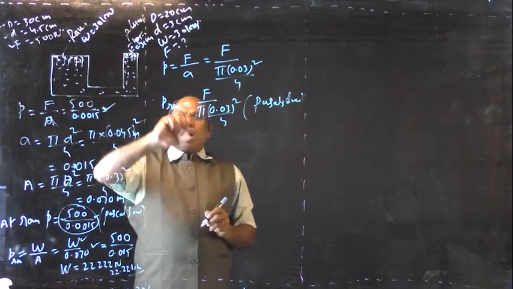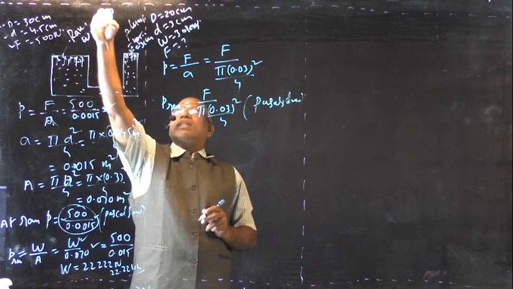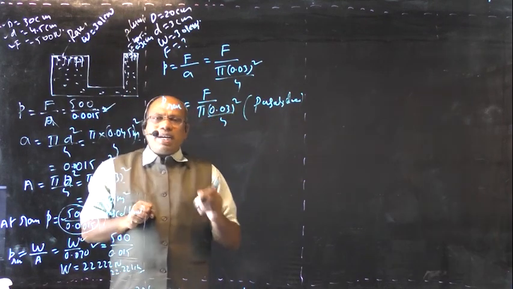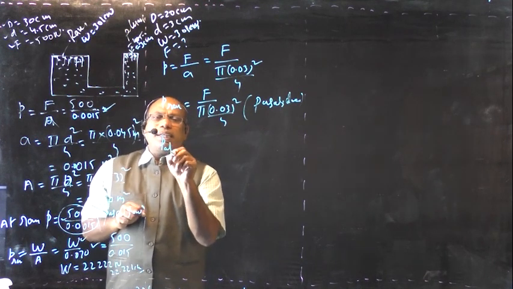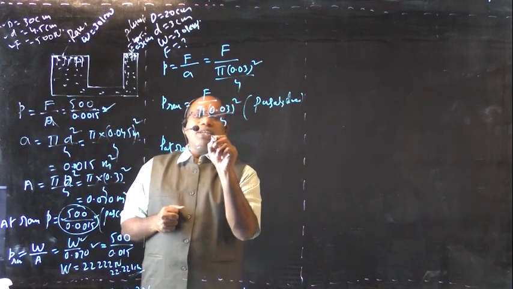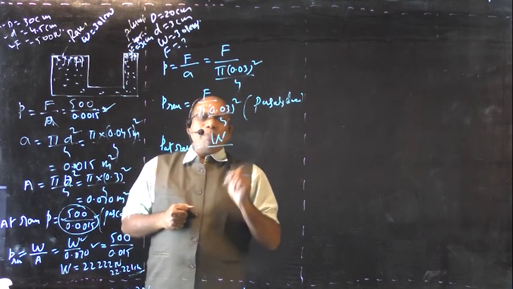Now the weight lifted at the ram is given, that is 30 kilonewtons. As per the given data, pressure at the ram is equal to weight by area. Weight is given here, denoted by W, divided by area.